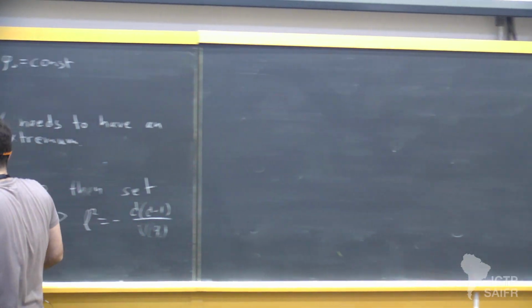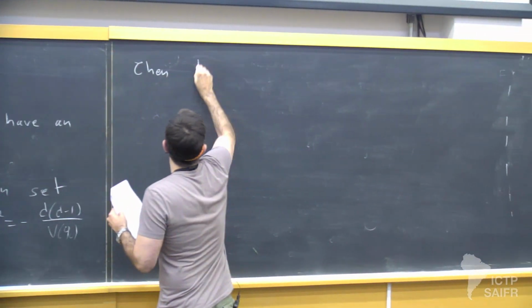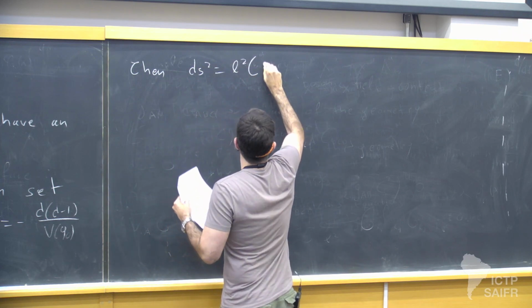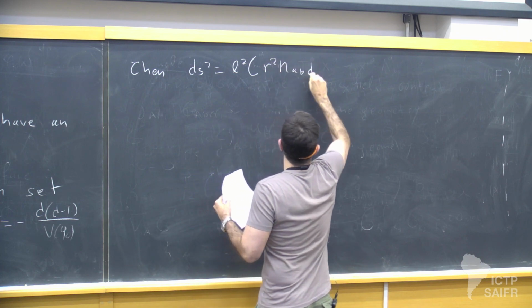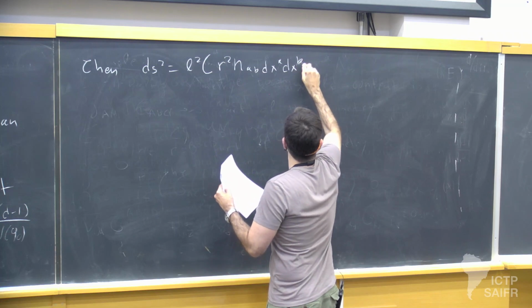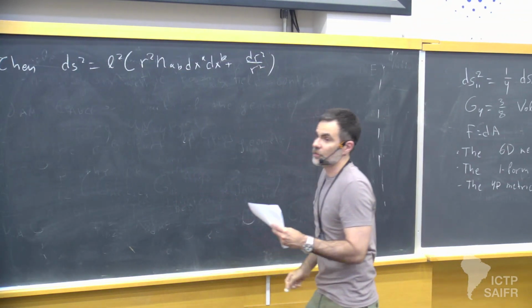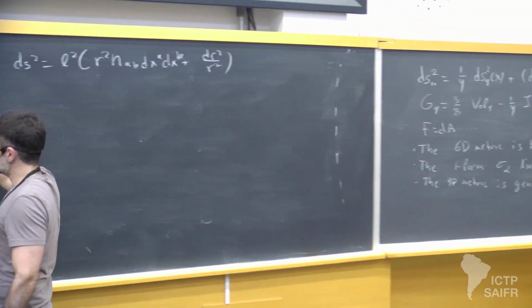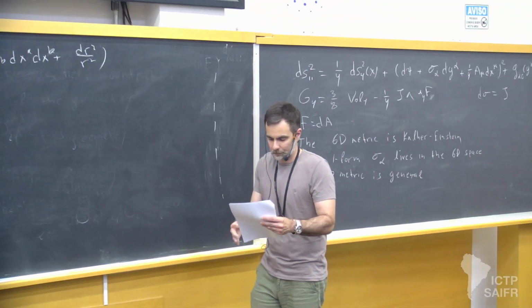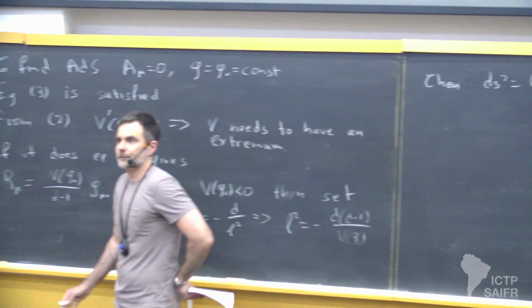Okay, and then if V of phi naught is negative, then ds squared is L squared times r squared eta AB dx^A dx^B plus dr squared over r squared. Then this is a solution with the radius of AdS set by the value of the potential at the extremum. Okay? Any questions? Yes?